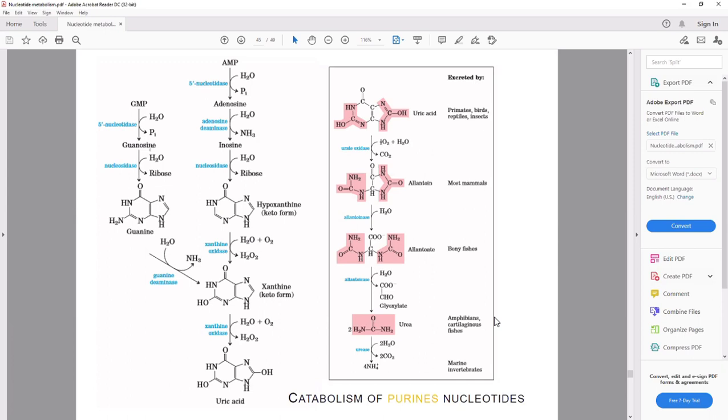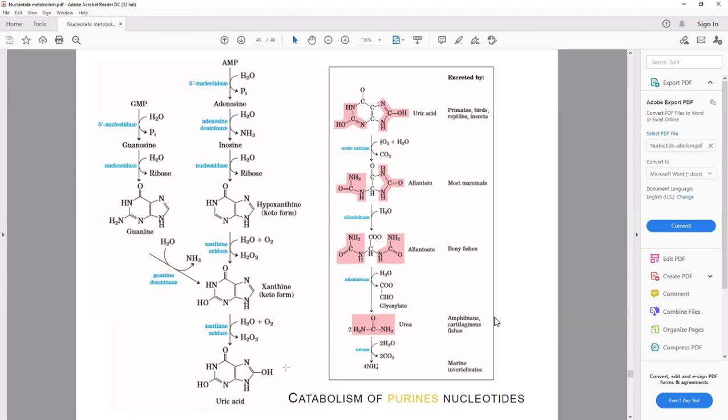Then guanosine undergoes the removal of ribose by the enzyme nucleosidase, and now we have guanine. Both fractions will meet and produce xanthine before it can be converted to uric acid. Guanine is converted to xanthine by the action of guanine deaminase. There is a removal of an amino group here to form xanthine.